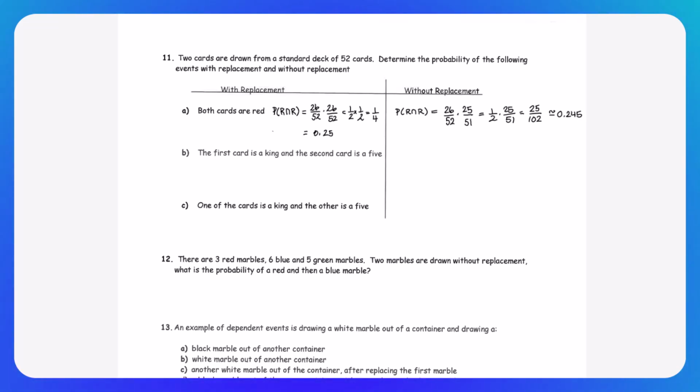What is the probability? The first card is a king and the second card is a 5. So what we're doing, we're finding what is the probability of king and 5. Okay. Well, what's that probability of the king first?